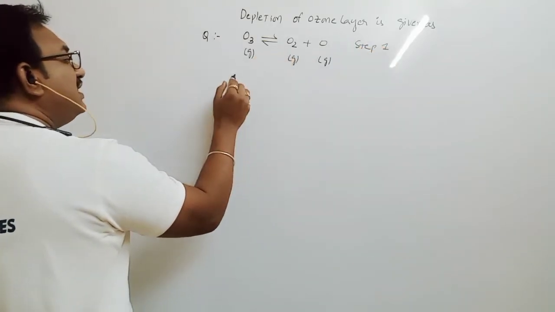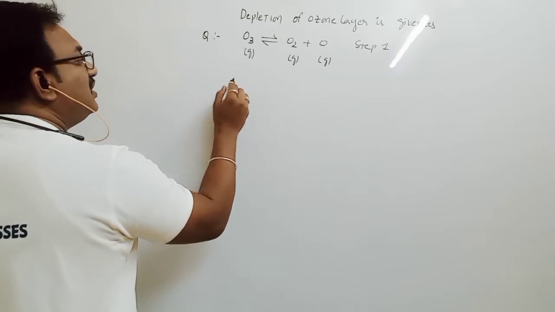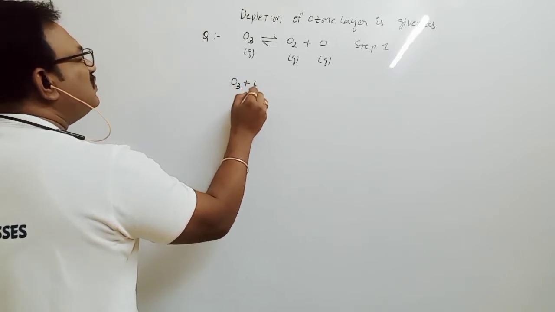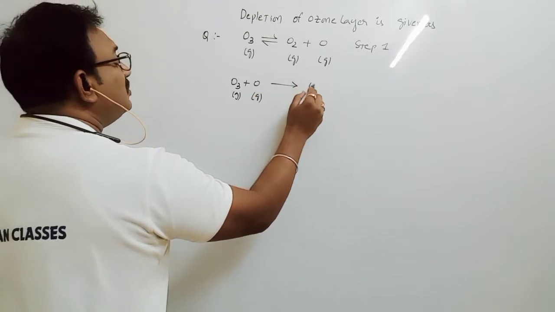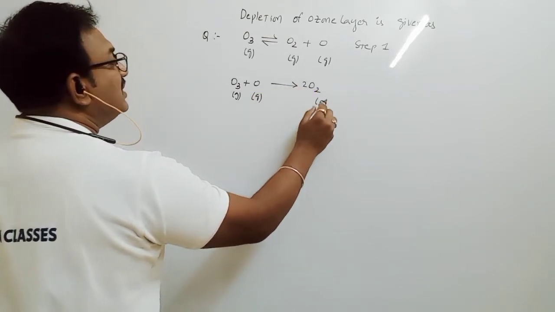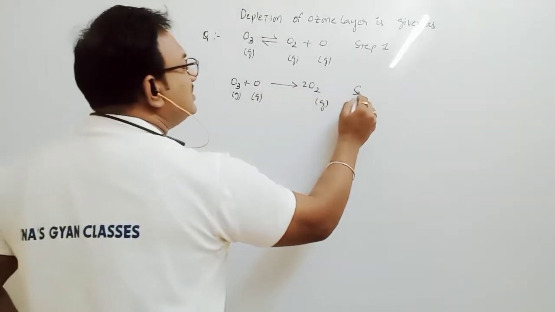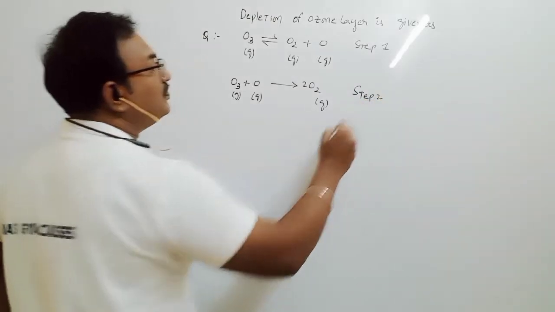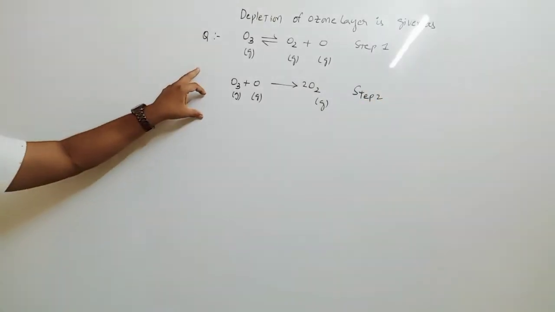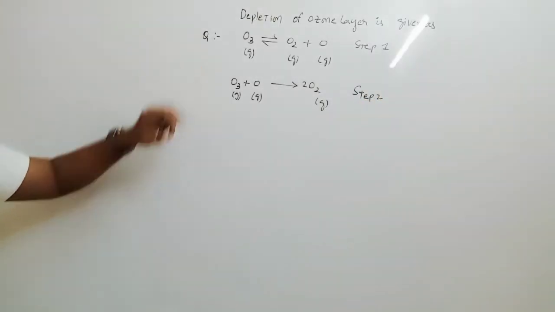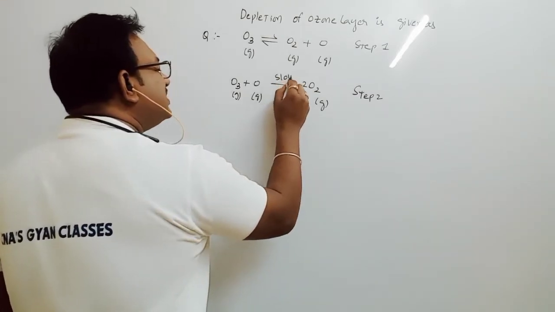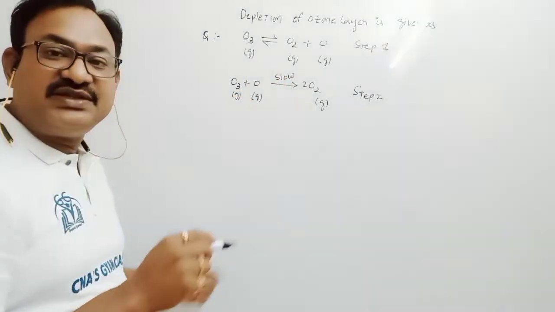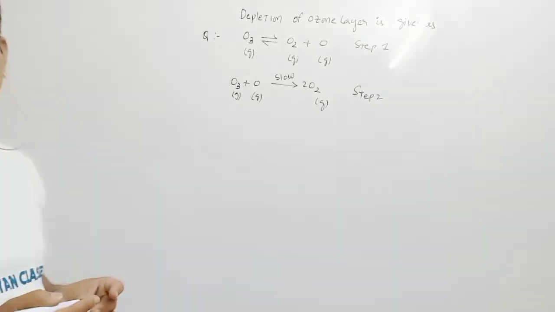And in the second step, O3 plus O gives rise to 2O2 gas. Okay, this is step 2. So the mechanism of depletion of ozone layer is given like this. Now, the second step is given as the slow step or rate determining step.